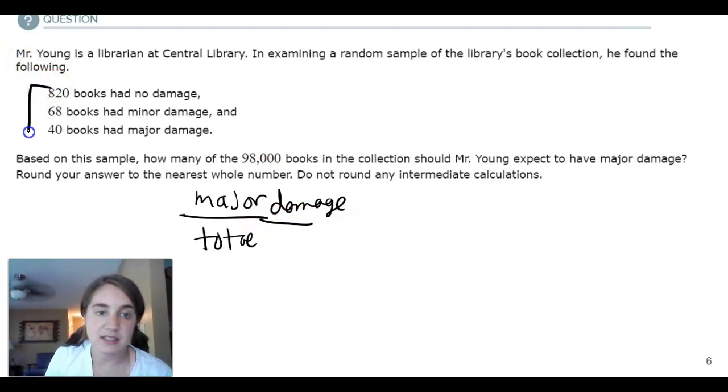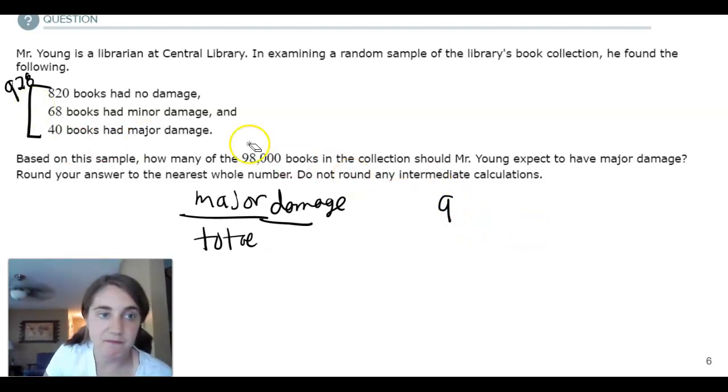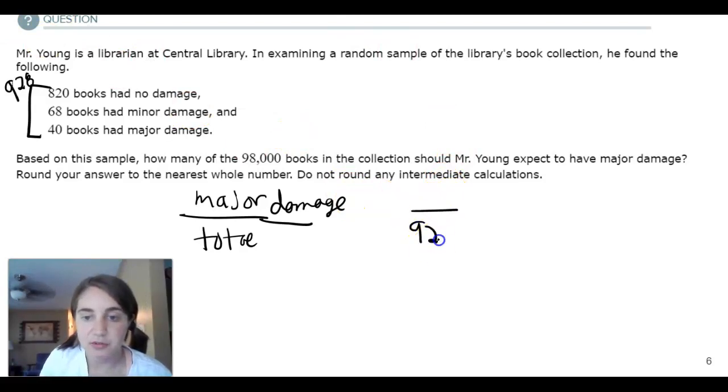If I added all those up, I tested a total of 928. Out of that 928, 40 of them had major damage, my bad.